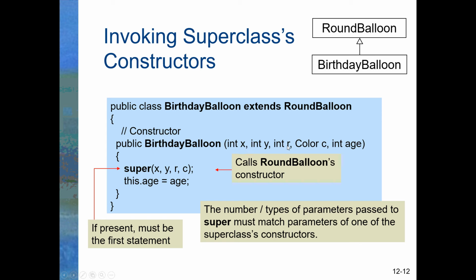X and Y and R, probably the X and Y coordinate of the balloon where it's going to be on the screen, the radius of it, then a color object called C, and then an age variable that's of type integer. BirthdayBalloon, remember, is a type RoundBalloon, so they're just going to call its constructor from above. The RoundBalloon class has a constructor that takes in these four variables, x, y, and r, and then the color variable.